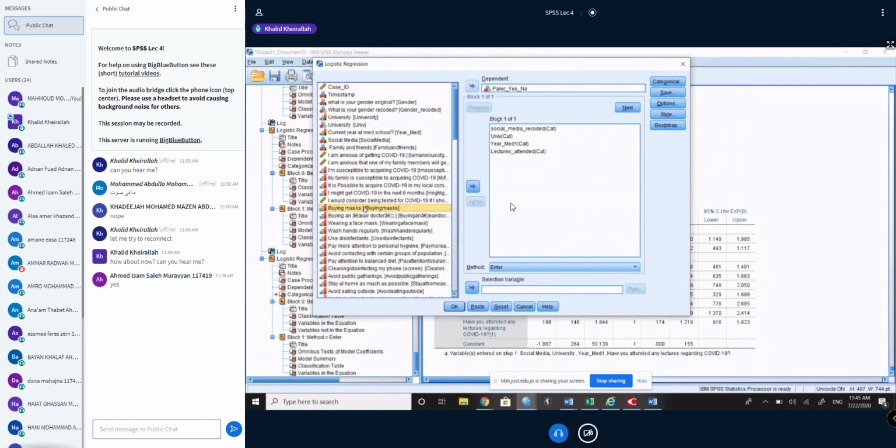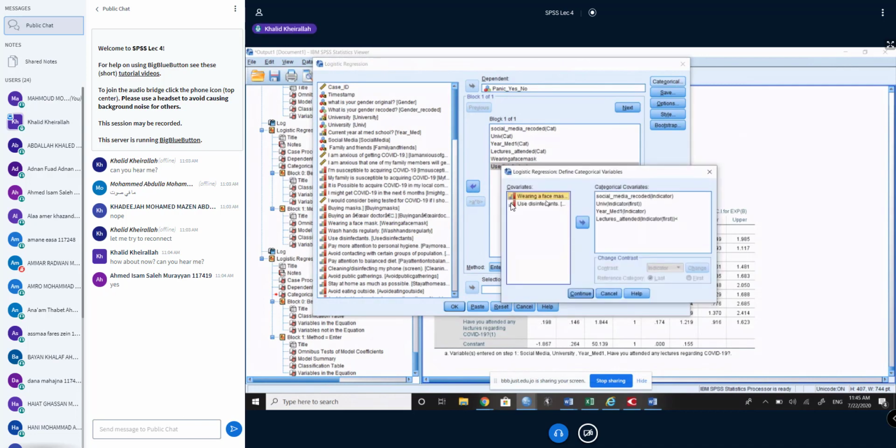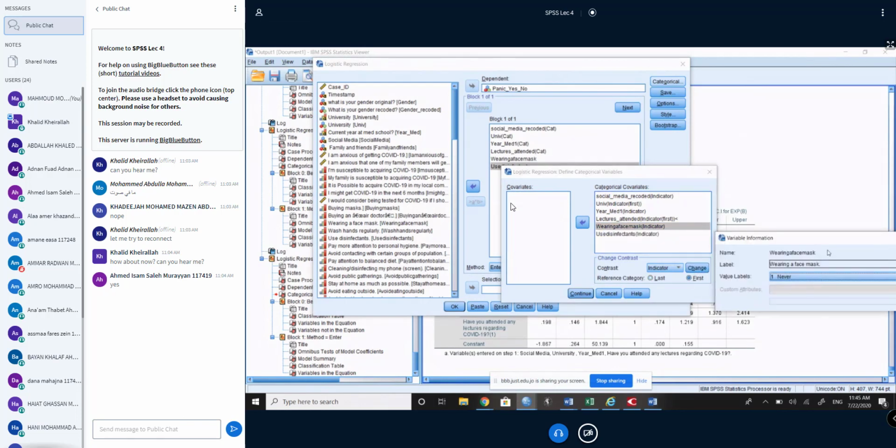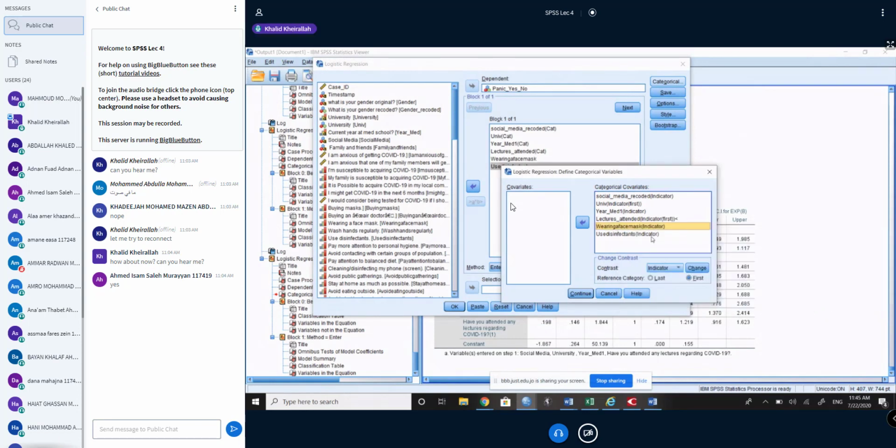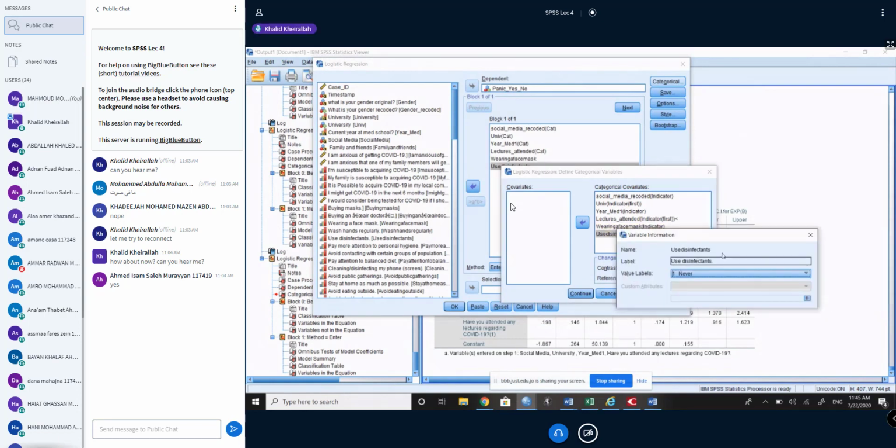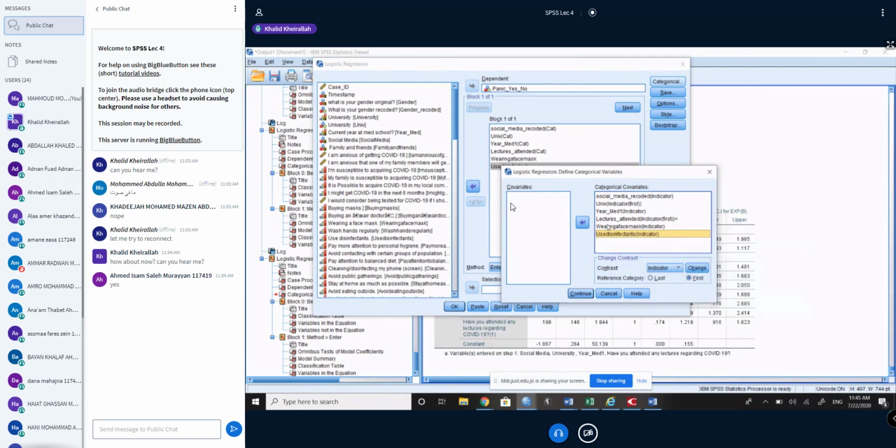How about wearing a face mask and using disinfectants, and if they will actually affect panic symptoms? For wearing a face mask, this variable was coded as never, rarely, and often or all the time.